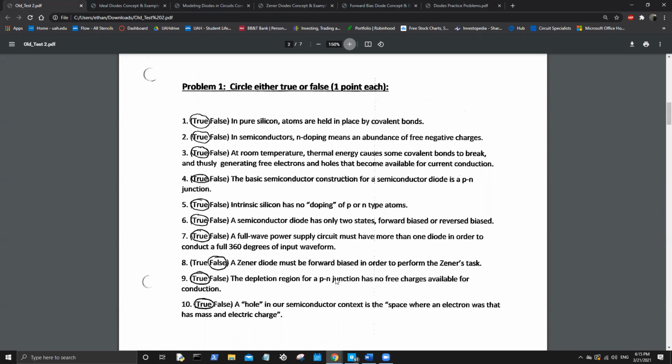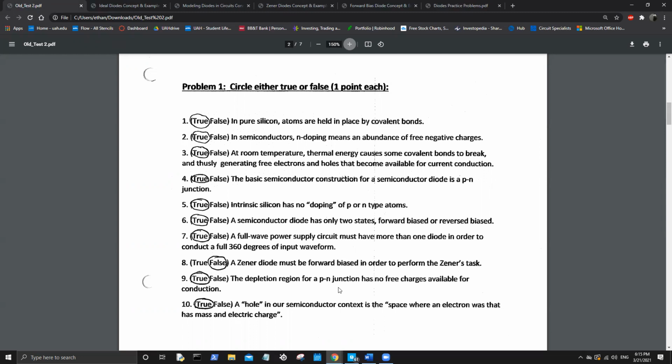This is true. In 310, I actually have lectures or study sessions on the same channel, if you ever want to go get a refresher. But the depletion region for the PN junction, I always explained it like this.